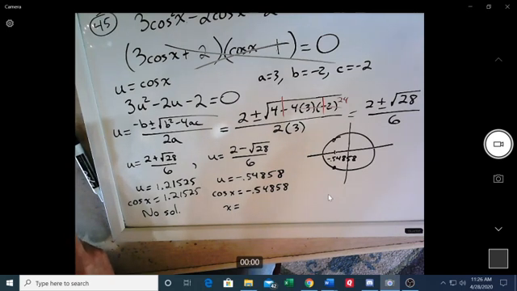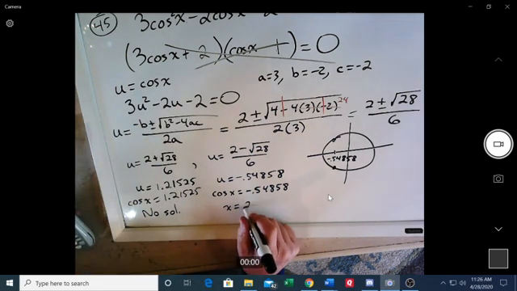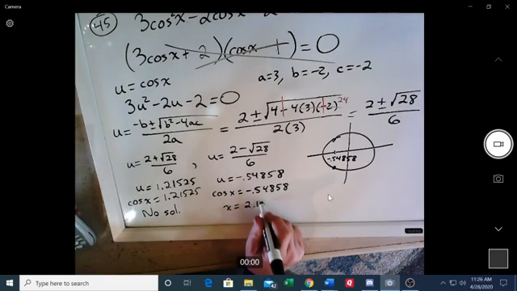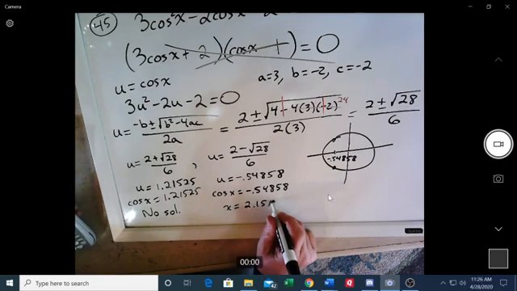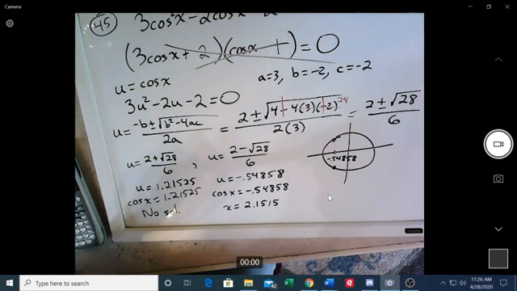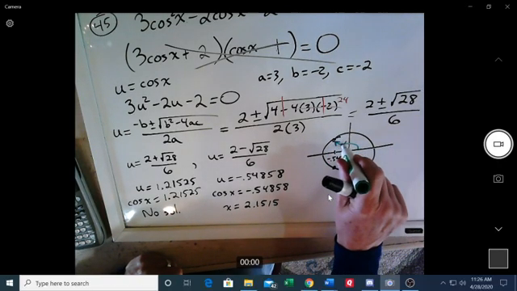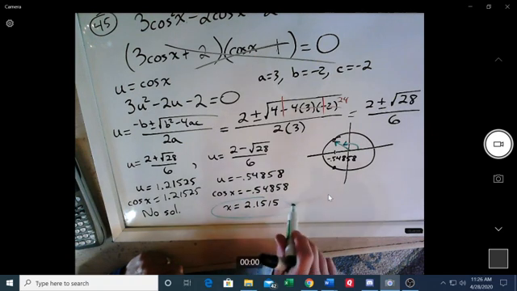It was degrees, so I'm going to change to radians. And then I'm going to do it again. And this time it tells me 2.1515, if I round that. Okay, so that's this angle right here. That's one angle. That's one of my answers.